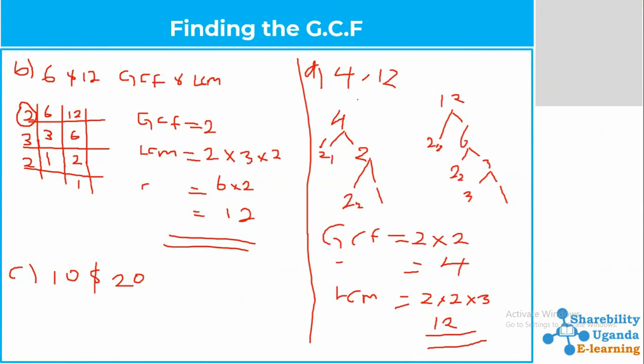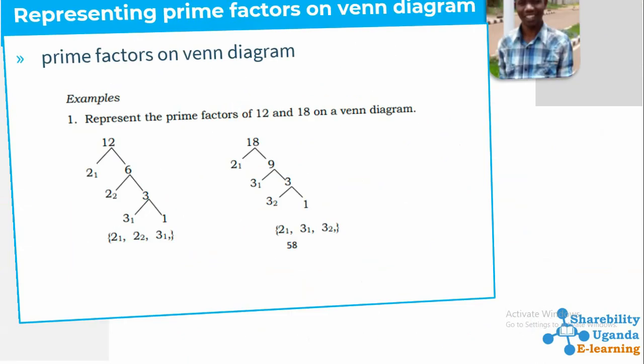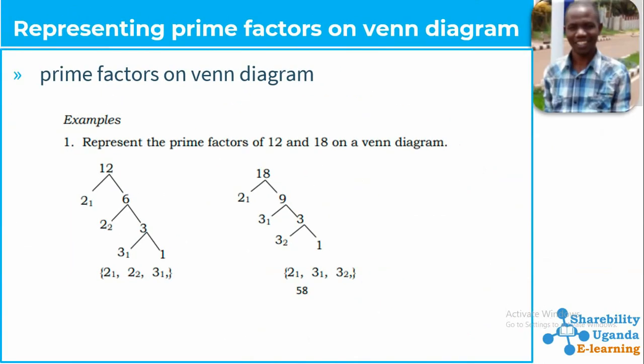In this video we want to go direct to representing these prime factors on a Venn diagram. They are given as they always say, find the prime factors of 12 and 18.